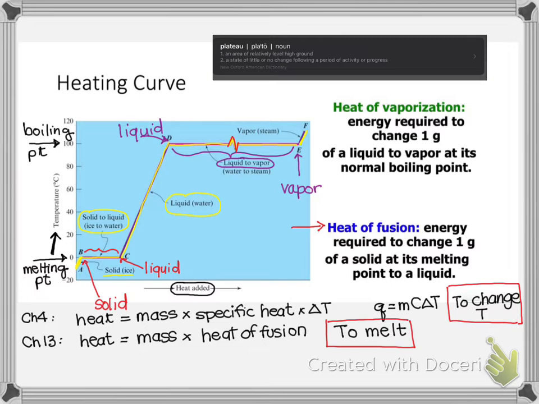And then finally in chapter 13, we're also going to learn about a new amount of heat. This is the heat required to vaporize something, and that's calculated by taking the mass times the heat of vaporization.